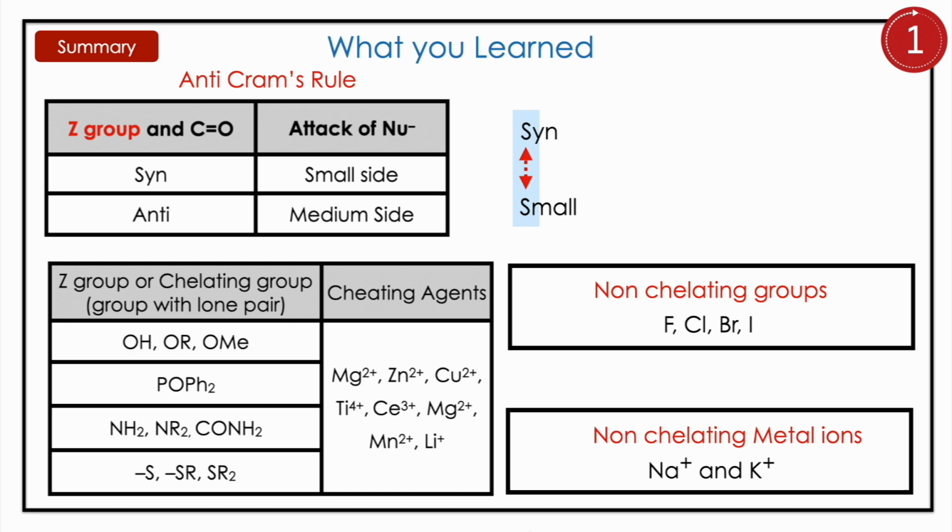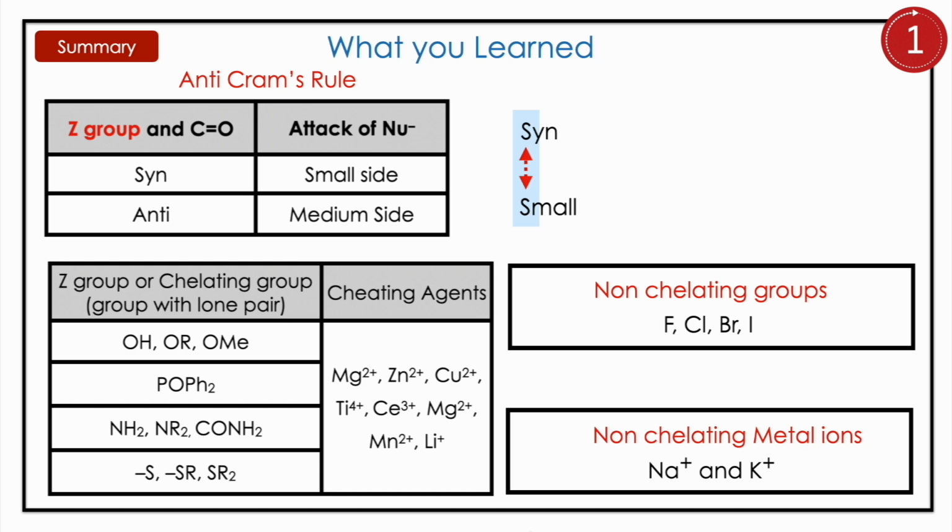Yes, the word will be the same. Here the Z group can be atoms with a lone pair: oxygen, amine as well as sulfur. All can be with substitution, but the main atoms will be oxygen, nitrogen and sulfur. Phosphine oxide also can coordinate.